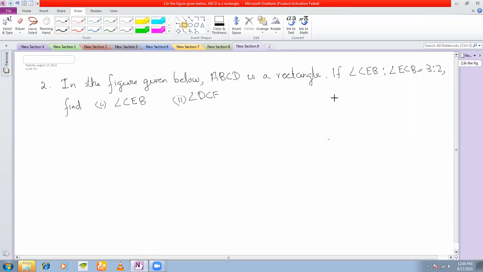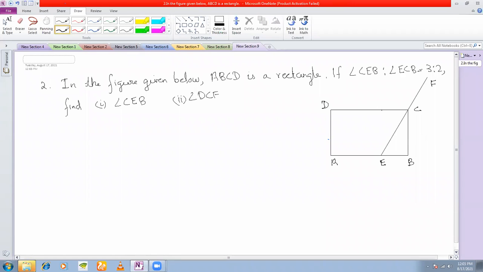So what is the figure given here? This kind of a figure is given to you. Okay, this figure is given to you.